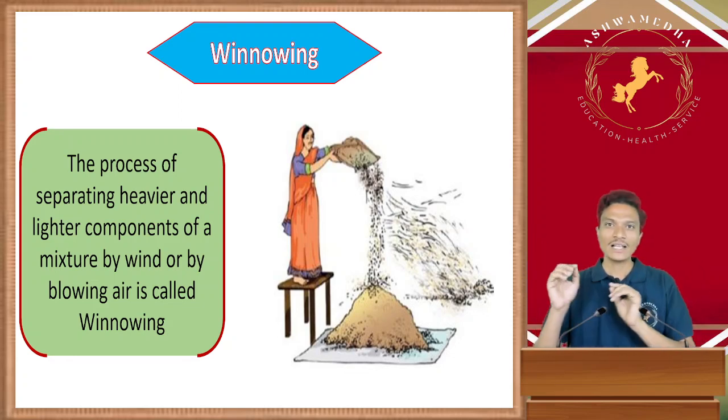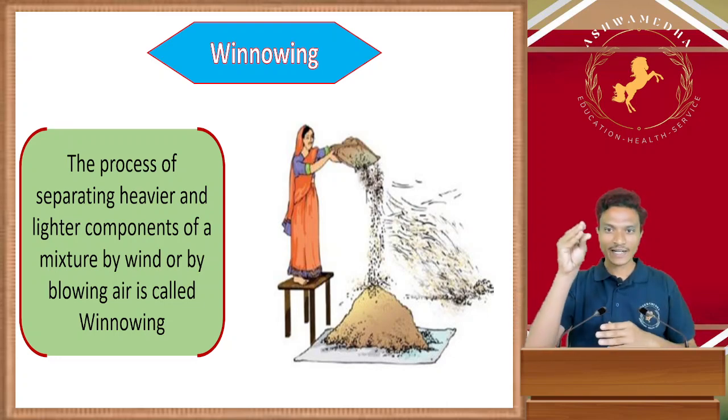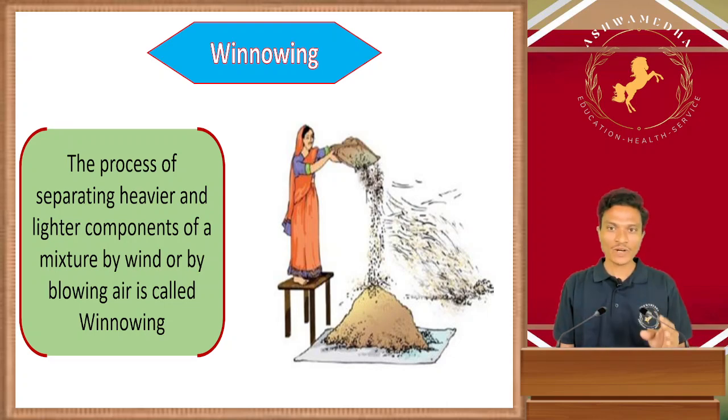Whenever you throw lighter particles and heavier particles from a height in a situation where the air is being blown, in that case the heavier particles will directly fall down to the ground and lighter particles will move away from the place of the heavier particles, and those two will get separated. This method is called winnowing.